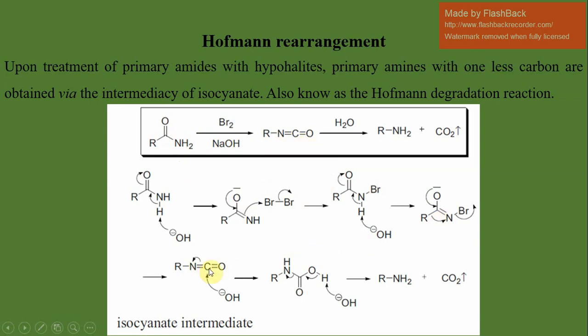And here we have the alkyl isocyanate, which on base catalyzed hydrolysis we end with carbamic acid, which is thermally unstable, and this on heating we will end with primary amine after decarboxylation.